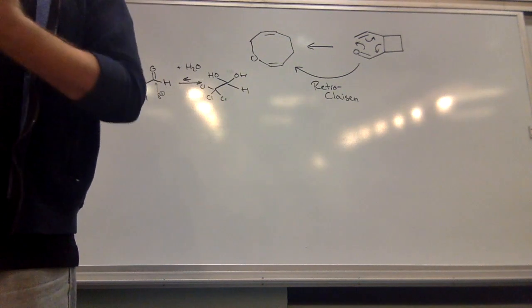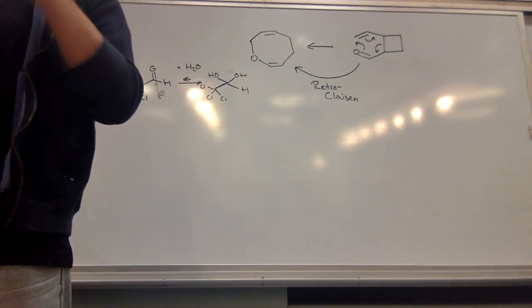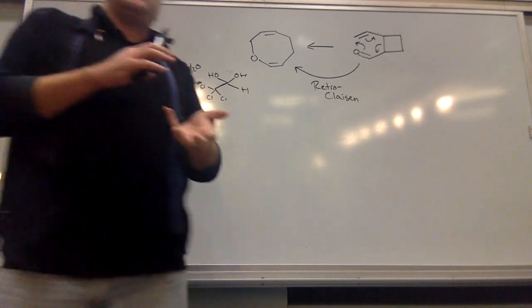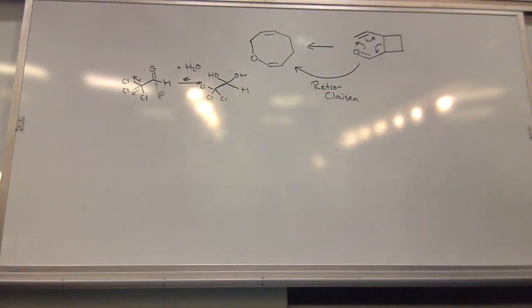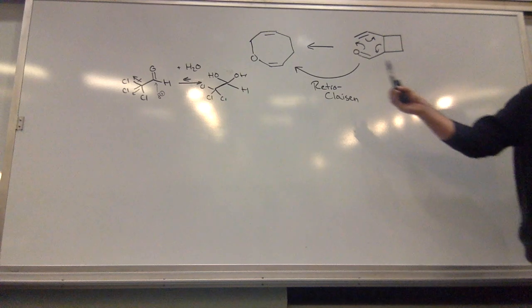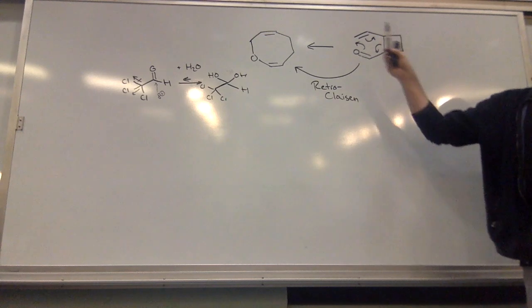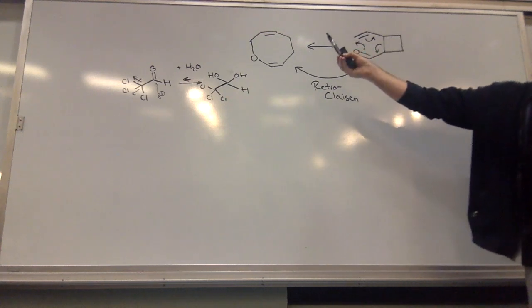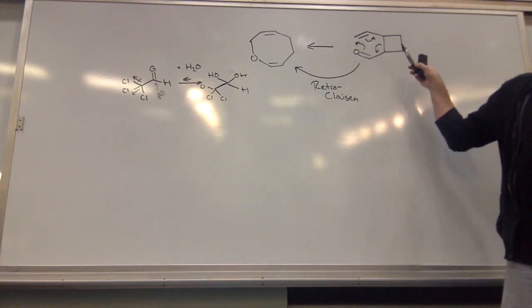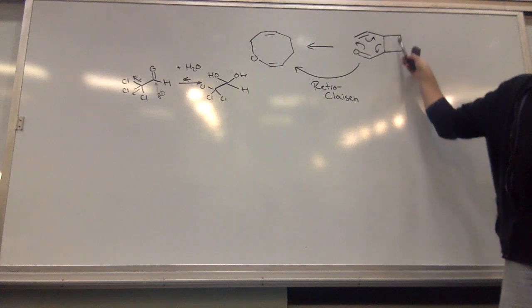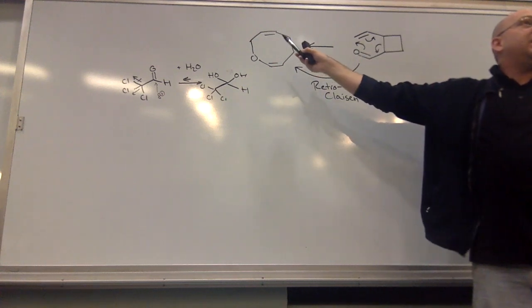The point I'm trying to get across to you guys here is the recognition that these reactions are reversible, and that reversibility will ultimately lead to products that would be driven by thermodynamic control. Even in a situation like a Claisen, where we always think about it going from this direction to that direction, there are things that you can do to push it in the reverse direction.